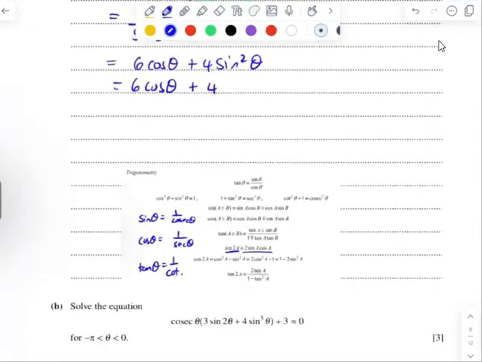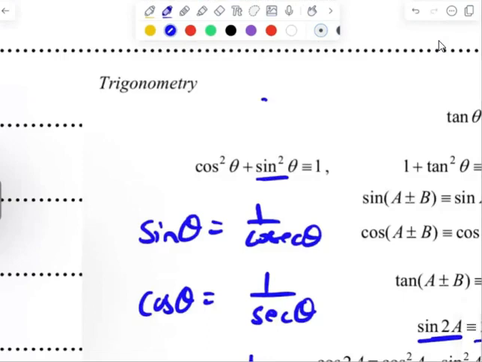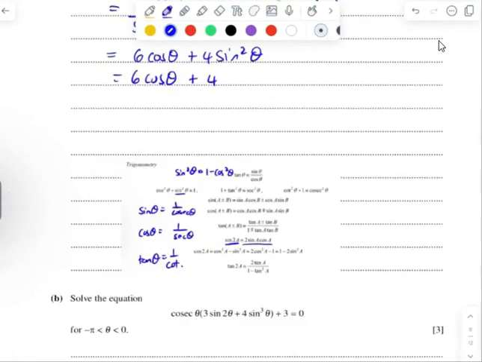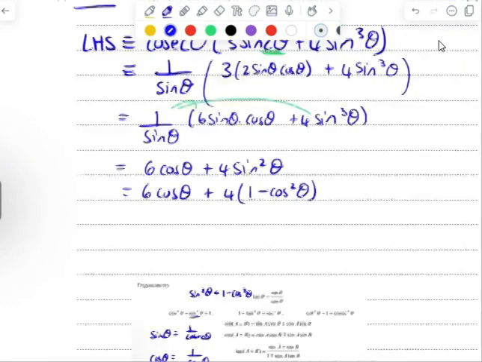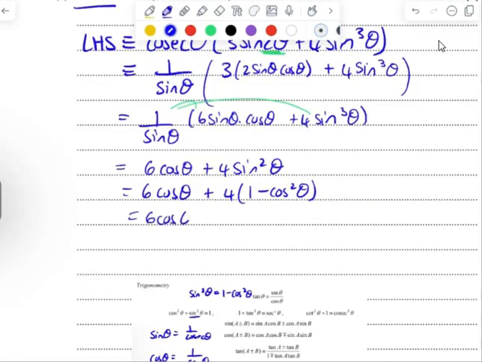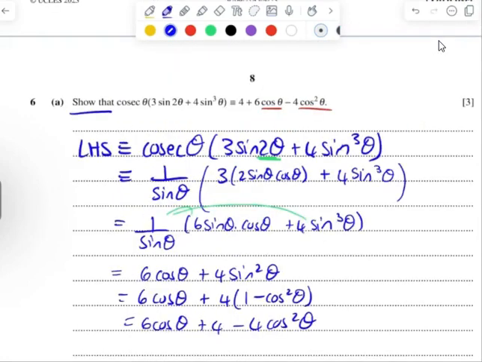an identity for sine squared theta. Sine squared theta, if I take my cos to the other side, it's going to give me 1 minus cos squared theta. So I can replace the whole thing: sine squared multiplied by 1 minus cos squared theta. Okay, does this look at all like what I'm wanting?